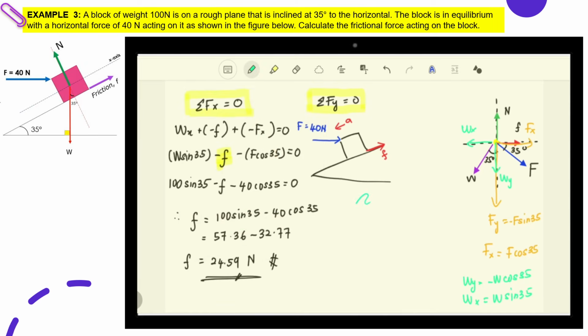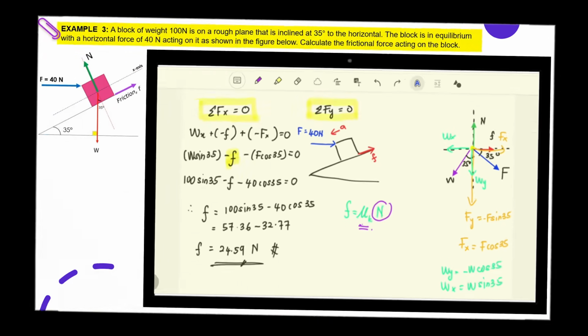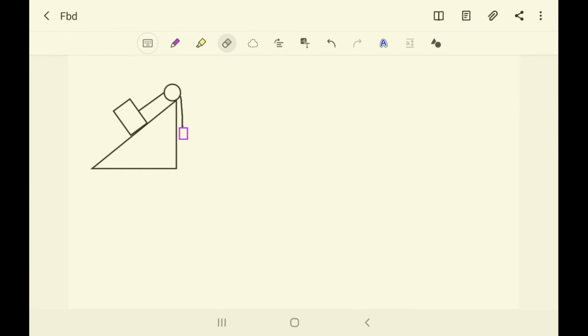Because as we know, when we want to find coefficient of friction, mu k, we need to find the normal force. Untuk cari mu k. Tapi soalan minta frictional force, so kita tak perlukan this equation. Kalau dia suruh cari mu k, then we need to find normal force from the y component. Finish question number 3.